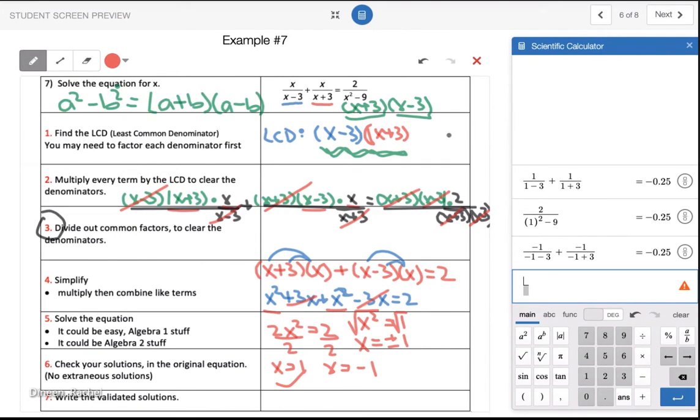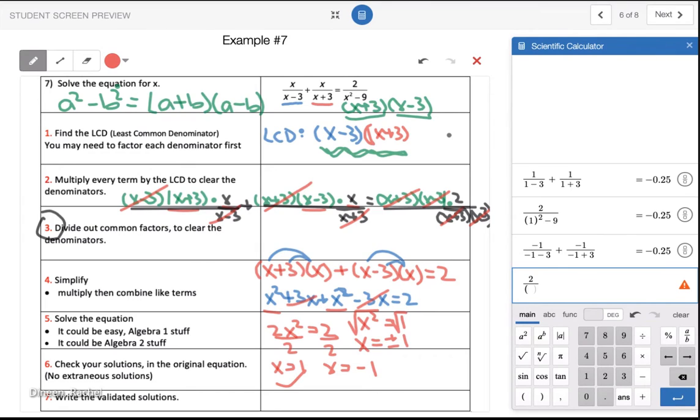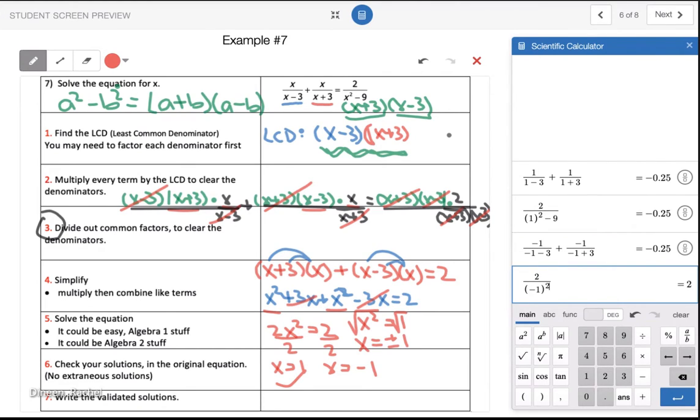Now for the right-hand side, 2 divided by, make sure that you're using parentheses when you substitute in, minus 9, and I get negative 0.25. So both of these answers check. So my solutions are x equals 1 and x equals negative 1.